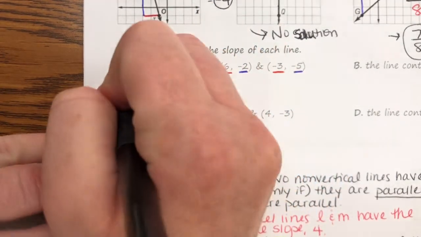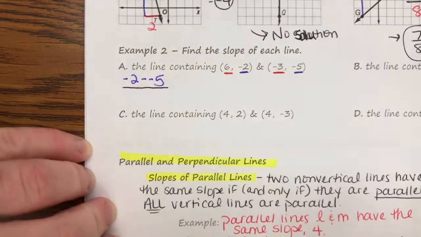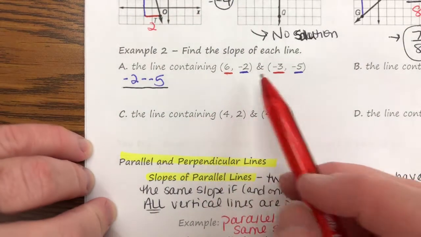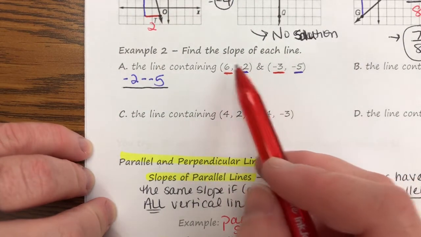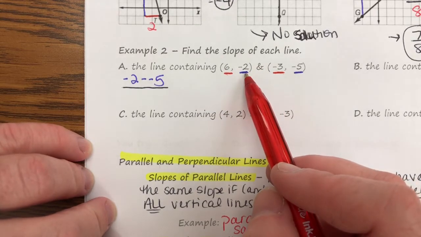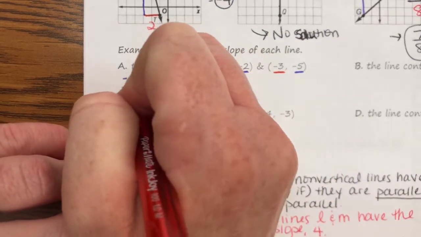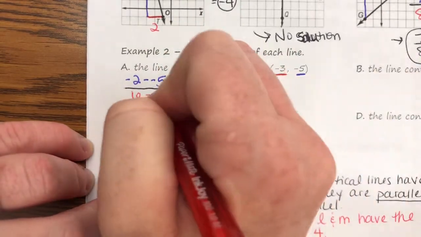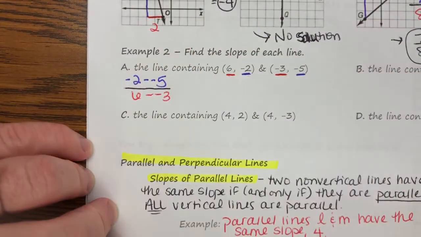And I could have done -5 minus -2. That's fine. It doesn't matter which order I do it in. But whatever order I do the y's in, I have to do their partners in the same order. Since I started with -2 on top, I have to start with 6 on the bottom. 6 minus -3.